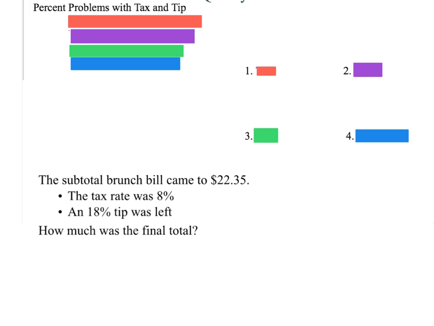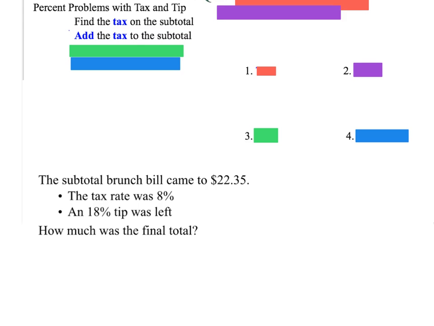So now we have a problem with tax and tip. So this is when you go out to eat, we pay tax on our food, and then we leave a tip for the waiter or waitress. So our first thing we're going to need to do is we find the tax on the subtotal. Then, as always, we add the tax to the subtotal.